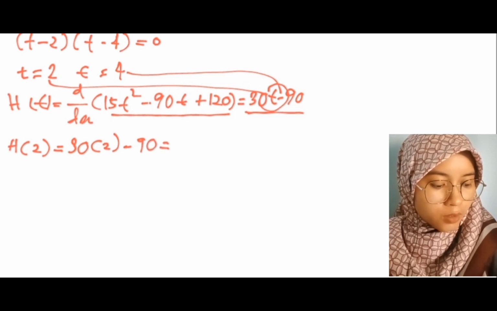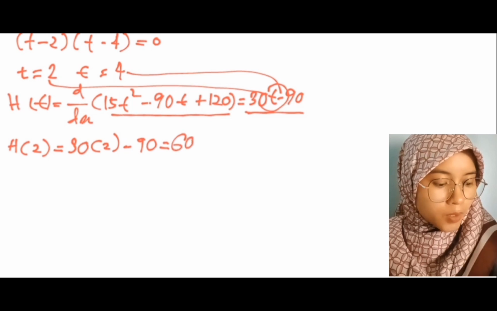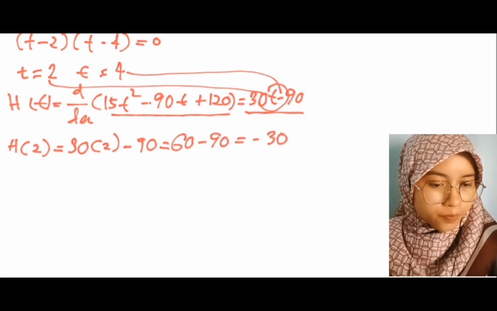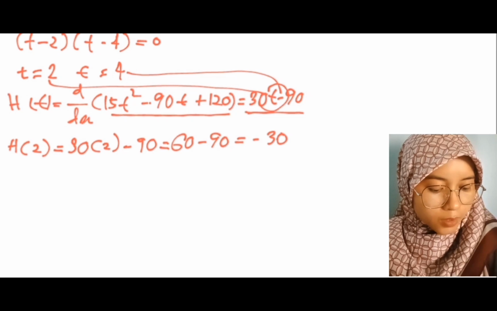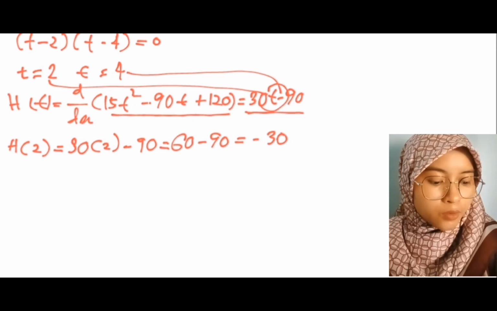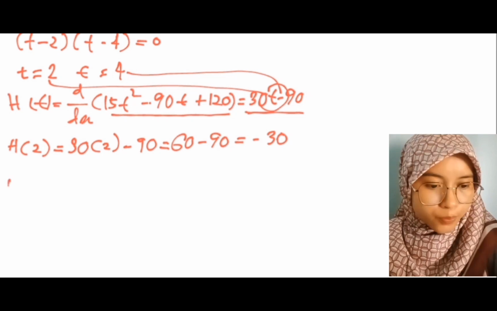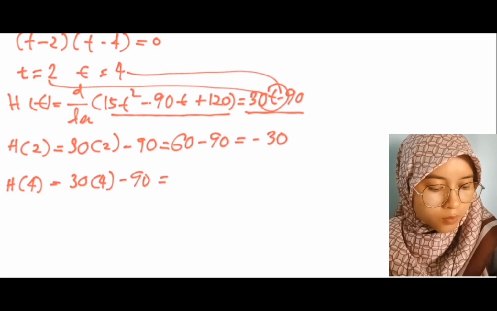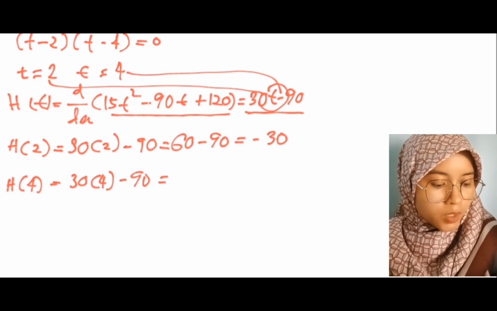Solve this and we get 60 minus 90, and the answer is negative 30. Next, we change t to 4 and solve this.